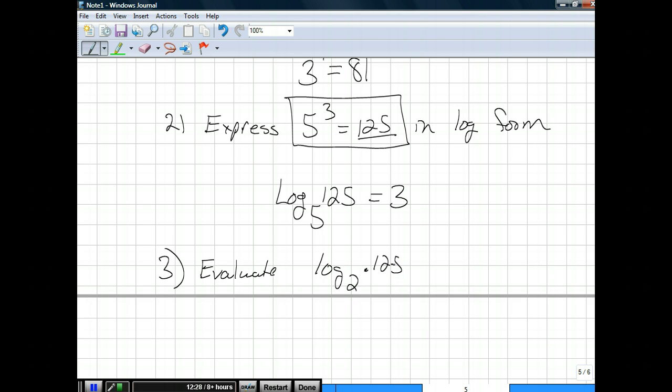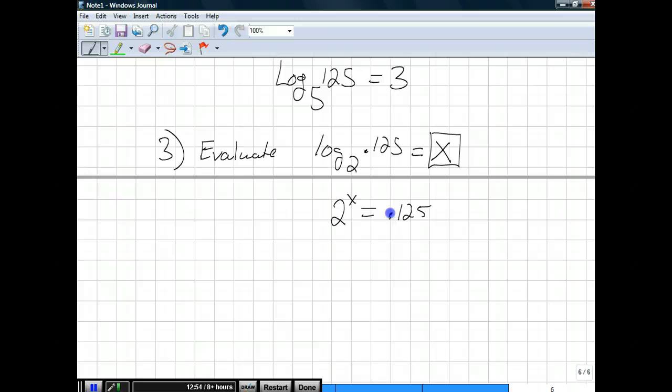So what we want to know is 2 to what power equals 0.125. All right, so first of all, we set it equal to x because we don't know what its value is. We want to know what its value is. Then we take it out of log form and put it into exponential form. So it's 2 to the x equals 0.125.